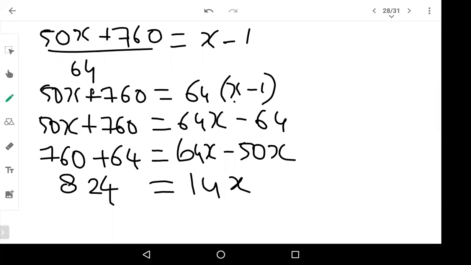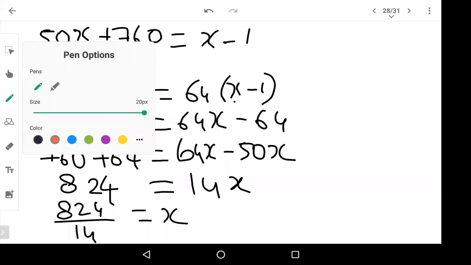Here you will not get two answers. Only one value of X you will get. So 824 by 14 is equal to X.